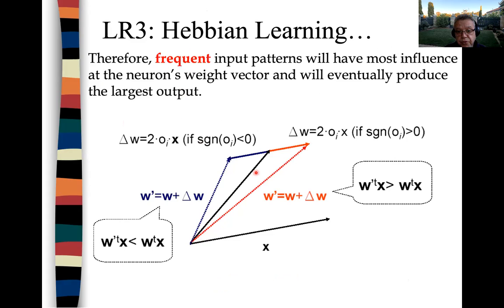And in fact, if this is your input, this is your current weight W, so W prime is W plus delta W, okay? So you'll have here an increase in the weight. And then here, you have a decrease in the weight.